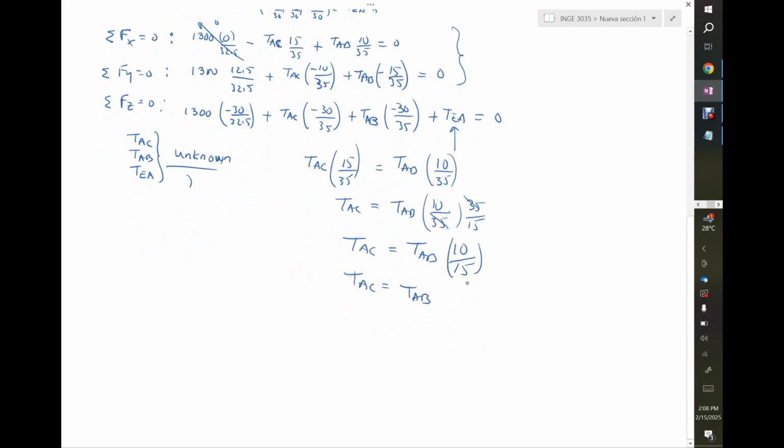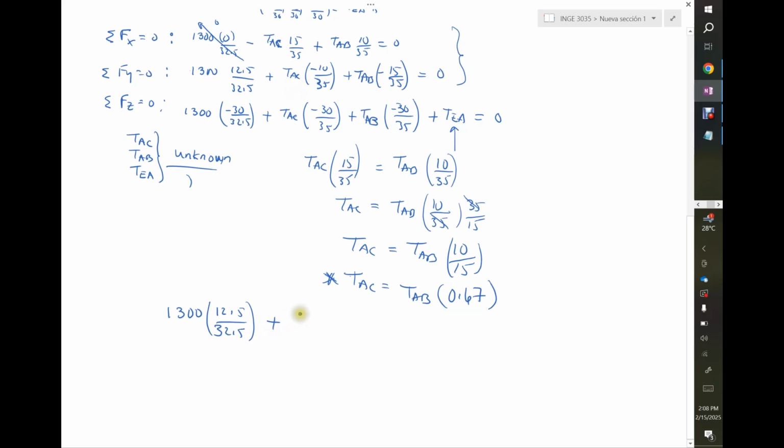Let me get this in decimal places. That's 0.67, that's good enough. All right, so we have that. Now what we need to do is substitute this on our second balance, the force on y, and we got 1300 times 12.5 divided by 32.5 plus TAC, and we already know what TAC is.